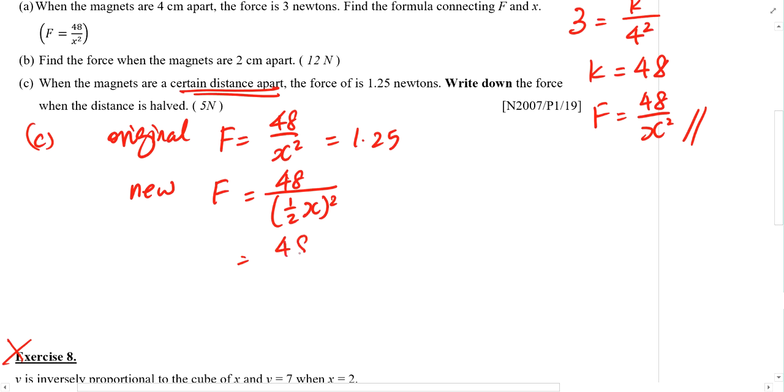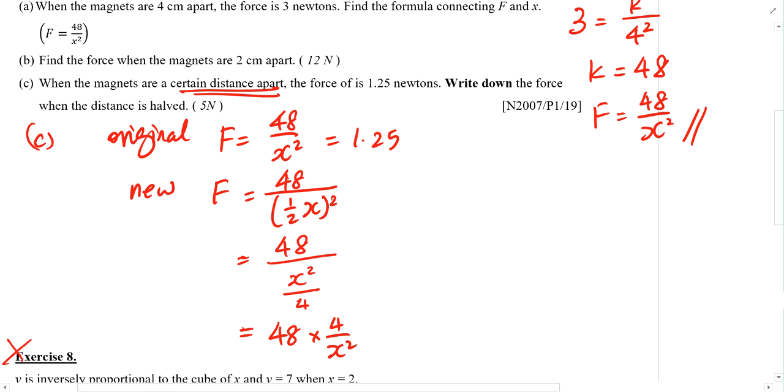Equals 48 over x squared over 4. Okay, so 48 divided by x squared over 4 is the same as 48 times 4 over x squared. Right?